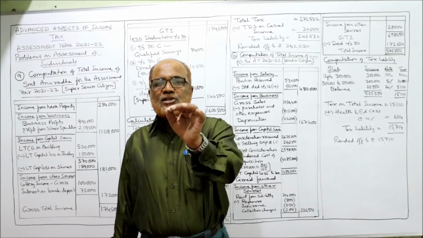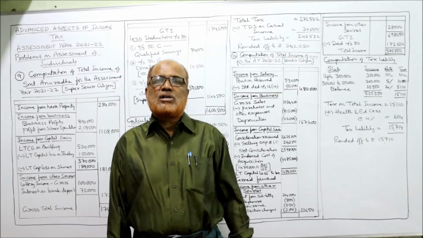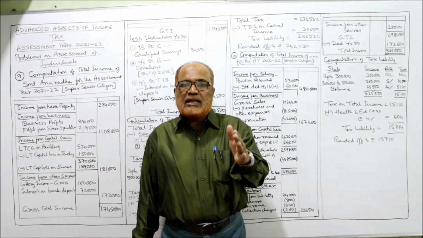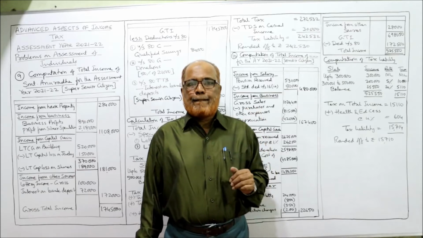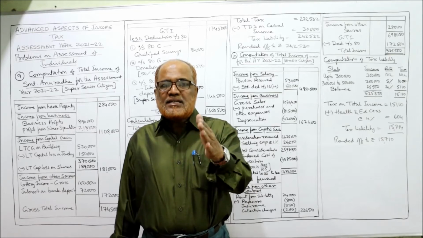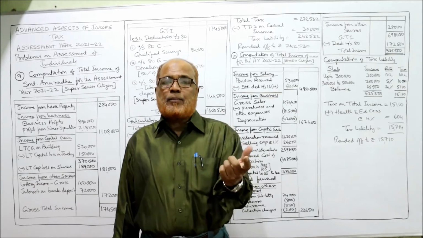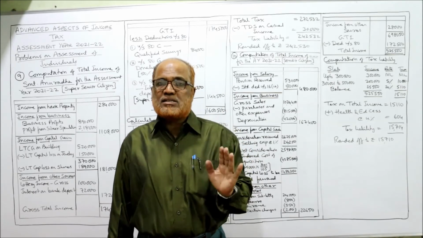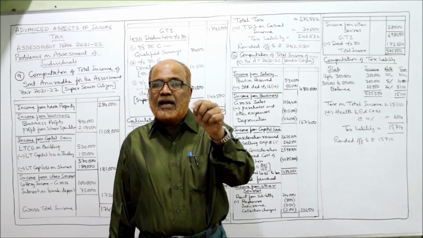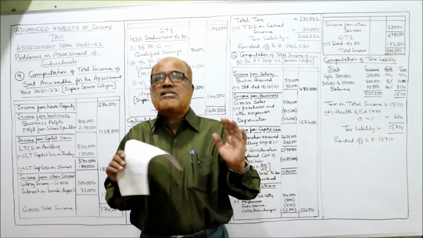Remember, interest on bank deposit is taxable under income from other sources. Later on, deduction will be given under section 80TTB. There are two sections, 80TTA and 80TTB. 80TTA is the deduction allowed for interest on saving bank deposit only for non-senior citizens. So 80TTA is applicable only on interest on saving bank deposit, and that too only for non-senior citizens.